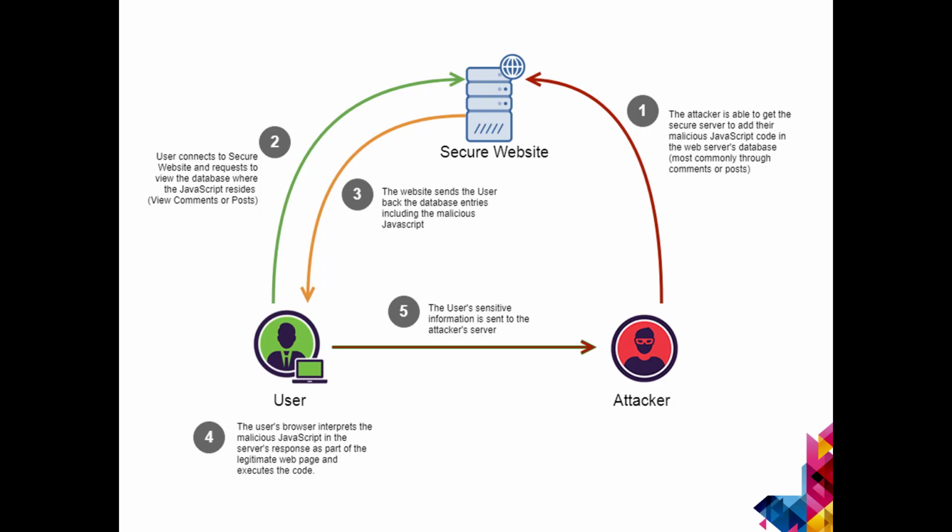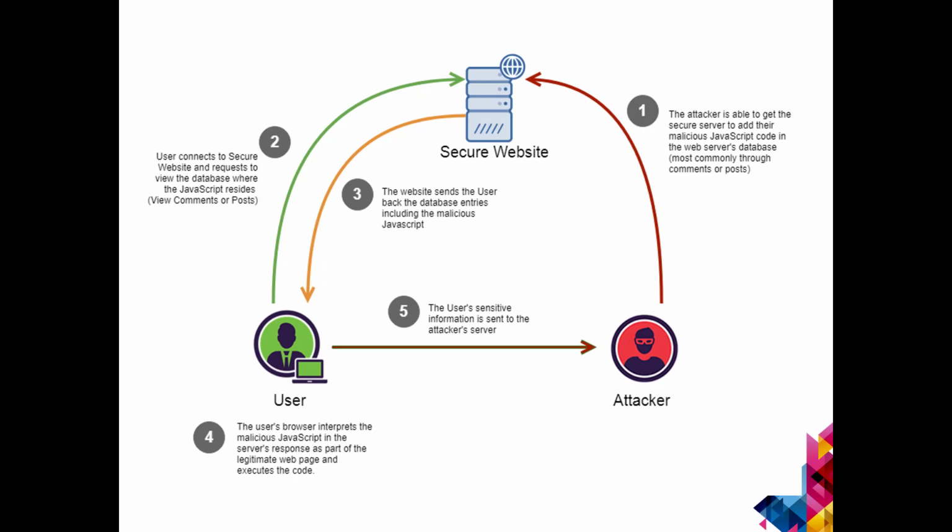Let's take a look at number 4, where the user thinks this is the normal, legitimate process of accessing data from the web server, and then they respond. The user's browser interprets the malicious JavaScript the server responds with as part of the legitimate web page and executes the code.